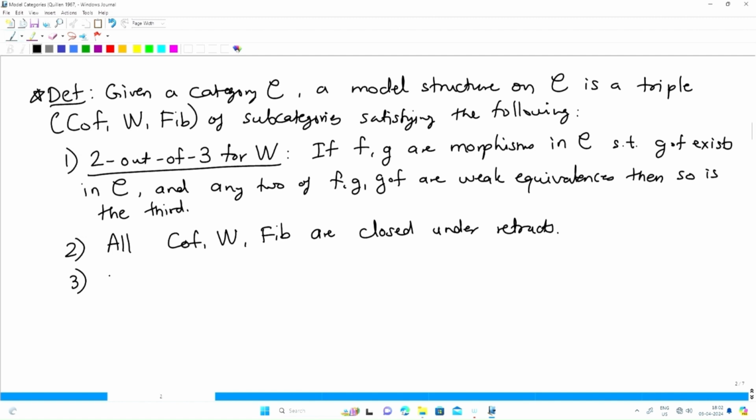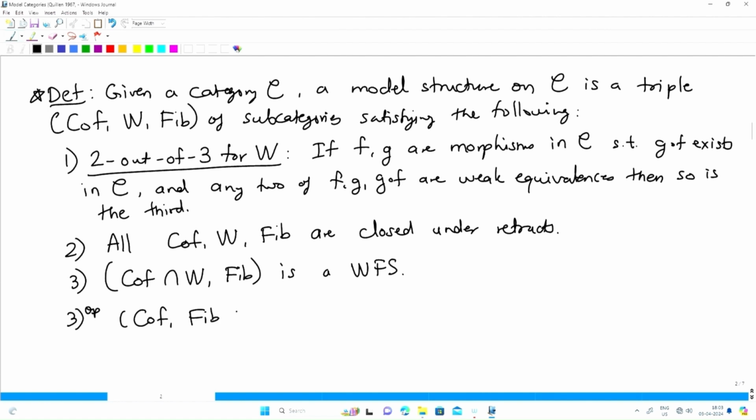So COF intersection W, comma FIB is a weak factorization system. And the other thing, I'm just calling it 3-op, although it's similar: COF, comma, FIB intersection W is a weak factorization system.